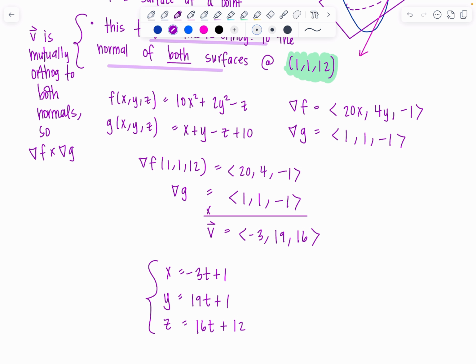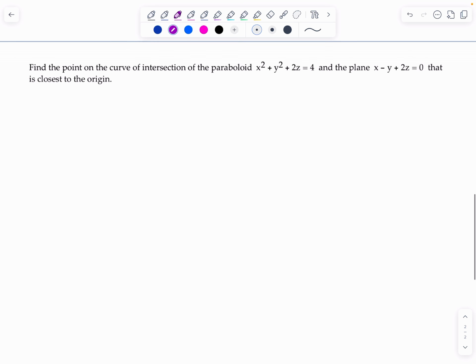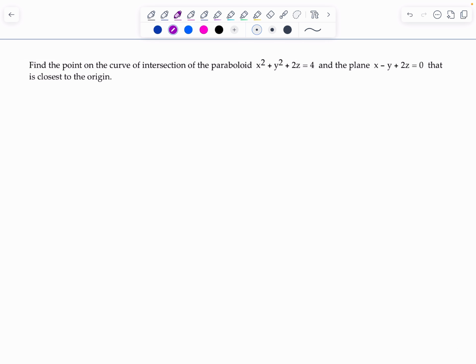Okay, next problem. It's a Lagrange multiplier problem, but it also has to deal with a curve of intersection. It says, find the point on the curve of intersection of the paraboloid and the plane that's closest to the origin. So as soon as I see closest, I know it's an optimization problem. I'm trying to minimize the distance, but what's nicer is we use distance squared, right?